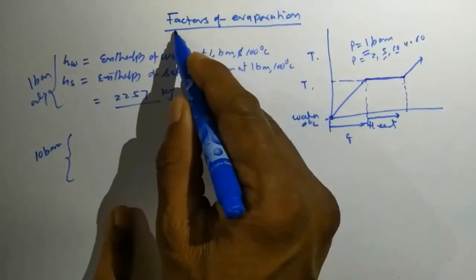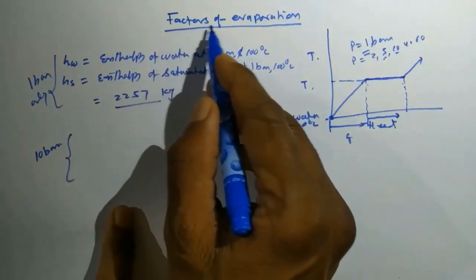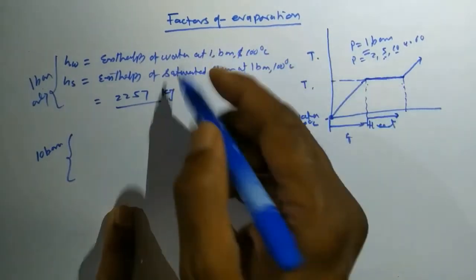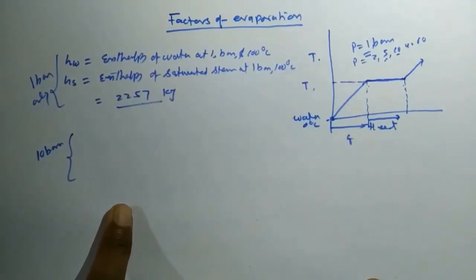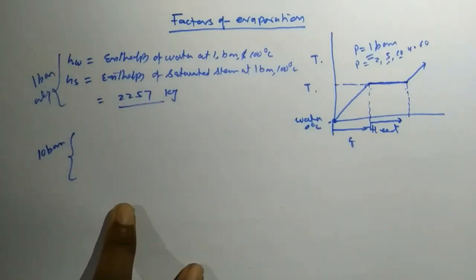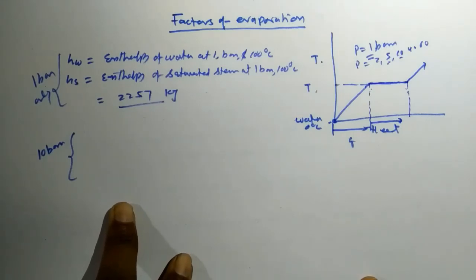Hence, we can define the factor of evaporation. It is the ratio of actual heat absorbed by the water at the corresponding temperature and pressure to the latent heat of vaporization at standard condition.